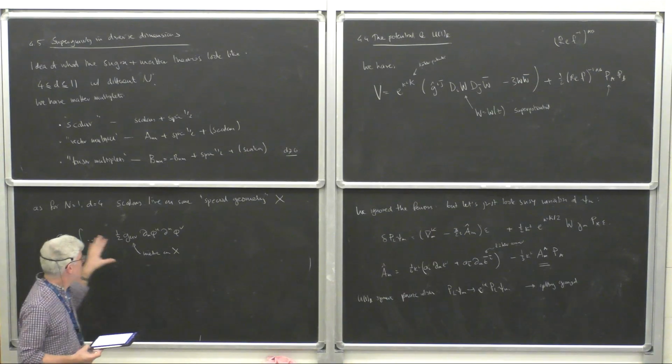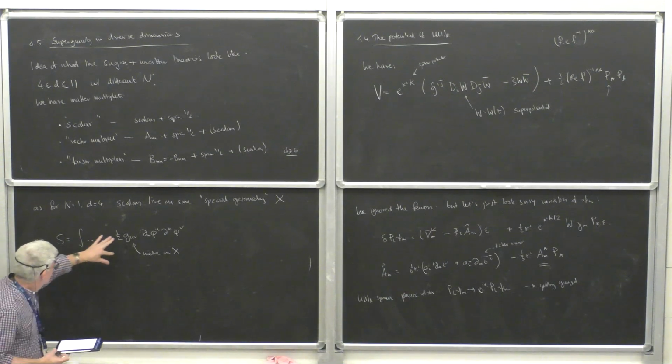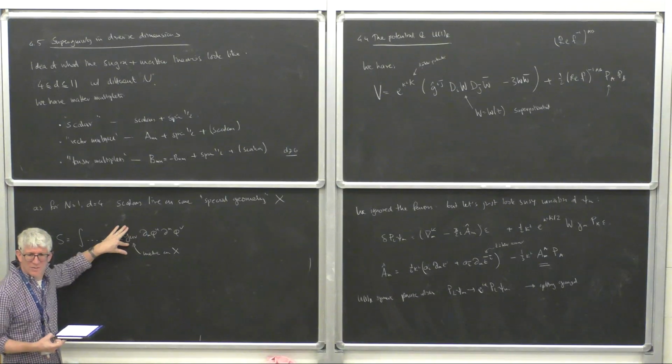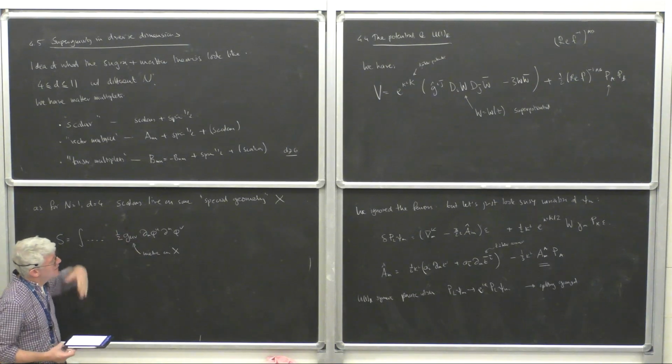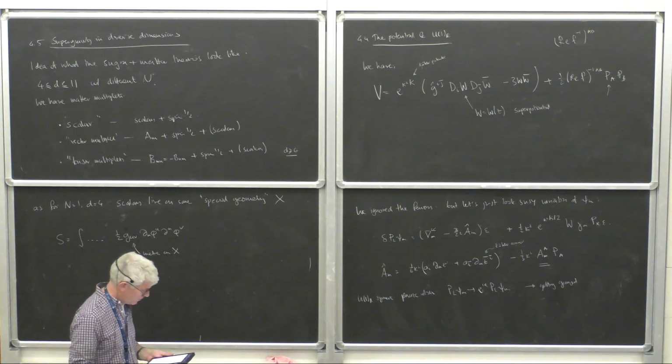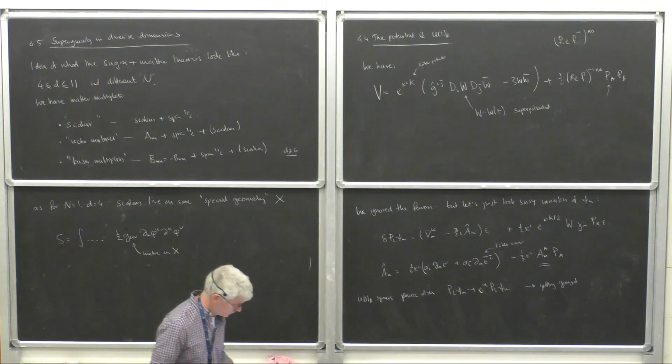Okay, so we saw that in 4 dimensions, this thing had to be a Kähler-Hodge manifold, a metric on a Kähler-Hodge manifold. In other dimensions, with other amounts of supersymmetry, it becomes something else.